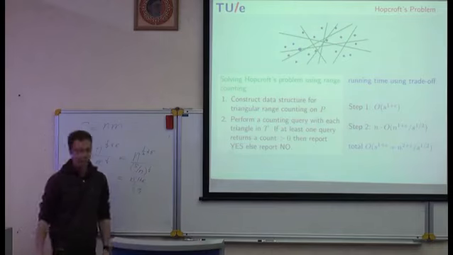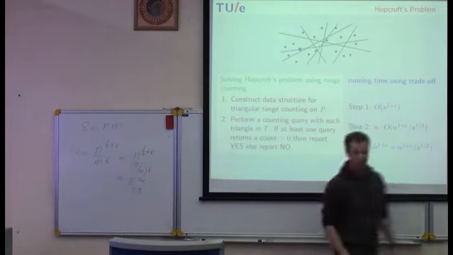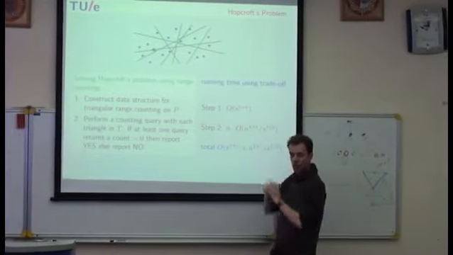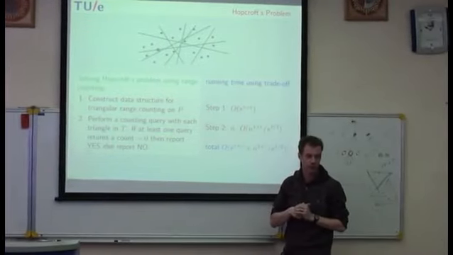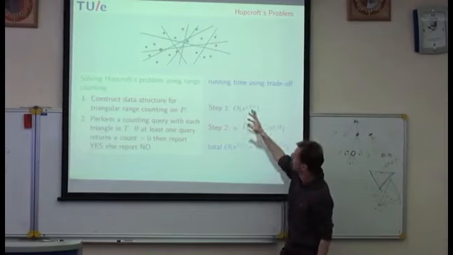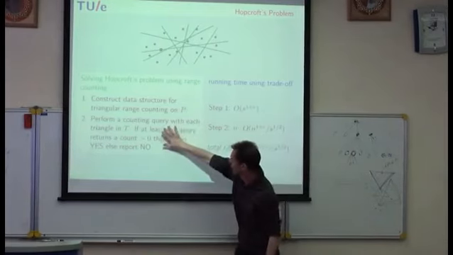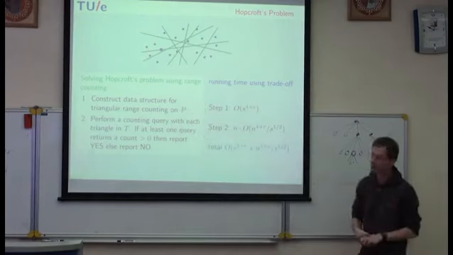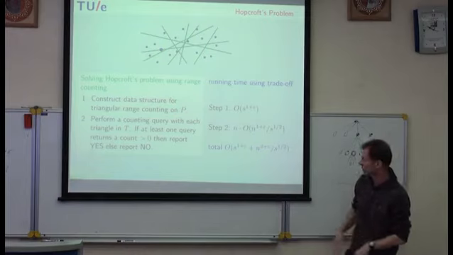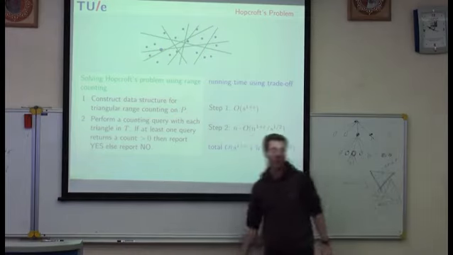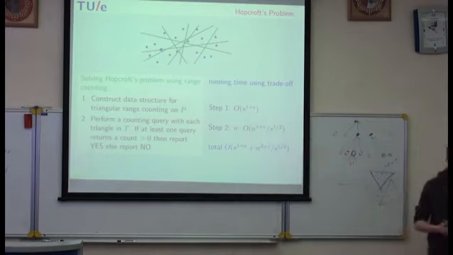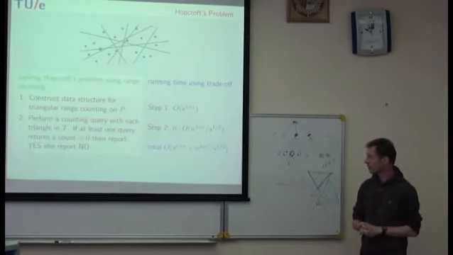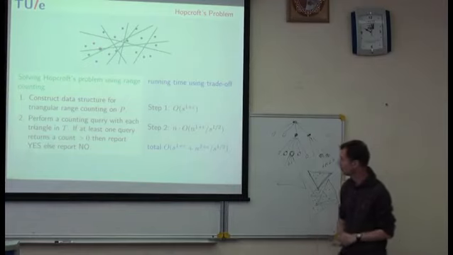So, same algorithm as before. Now I'm going to construct such a trade-off structure on my set of points. Then I'm going to do a query with each of my lines, and if one of them says yes, or a count greater than 0, then I answer yes, and otherwise no. Okay, so what's the total time?